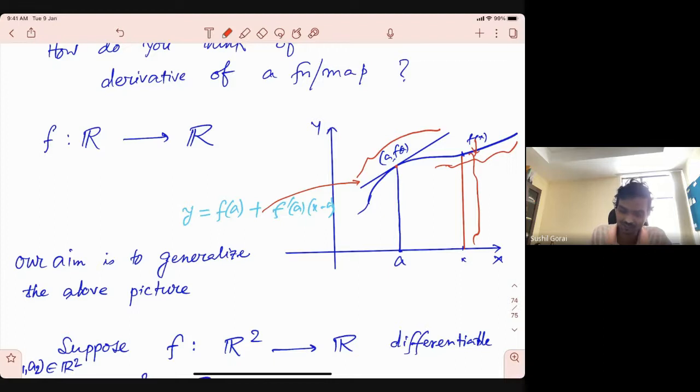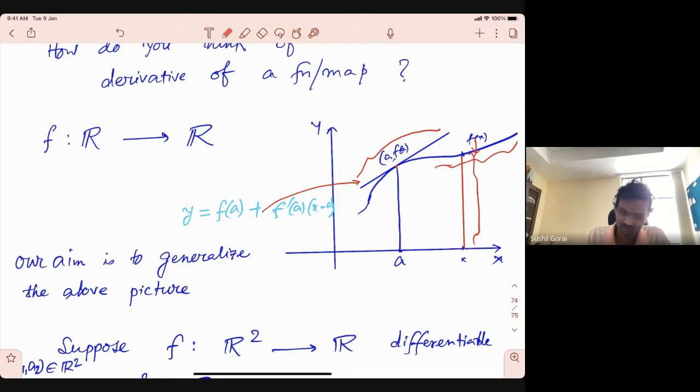This is what I wrote here. Yes, sir. f of a plus f dash a into (x minus a). So this is the equation of a line, right? You know this already. What is this curve? Sir, this is the graph of it.